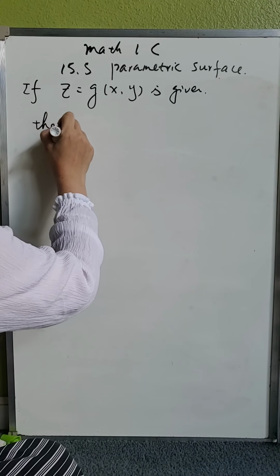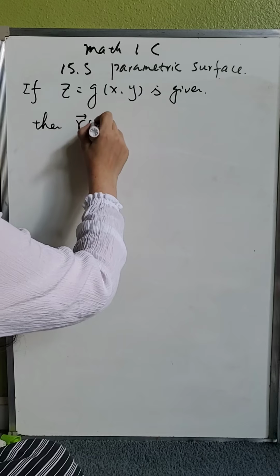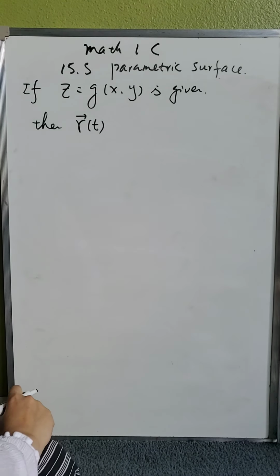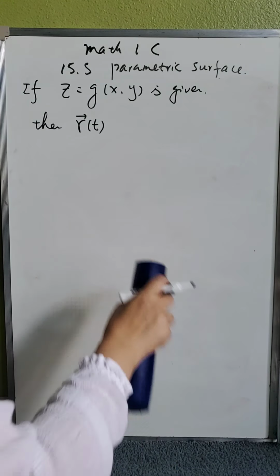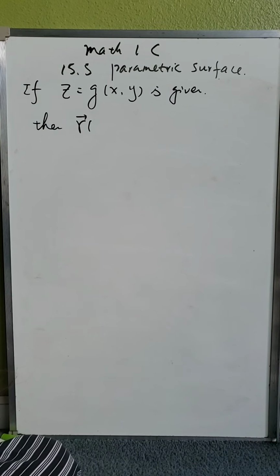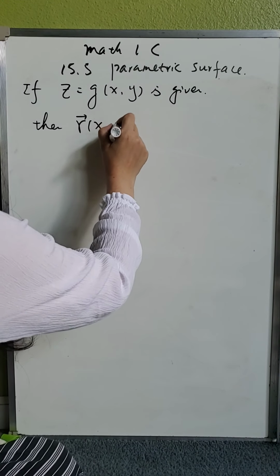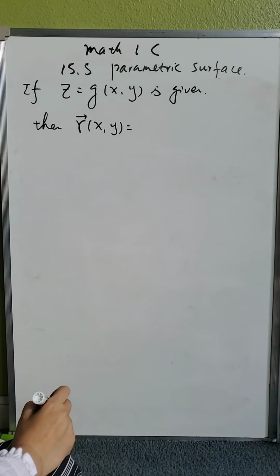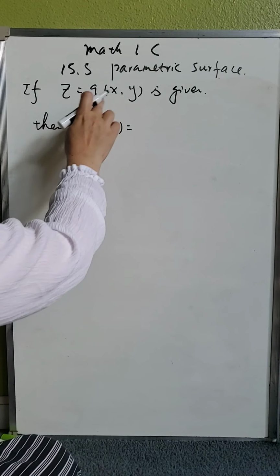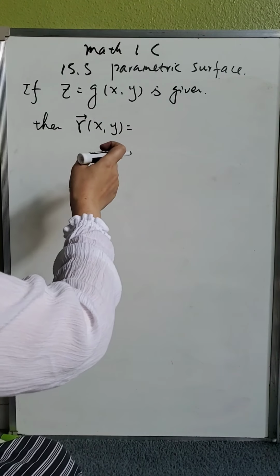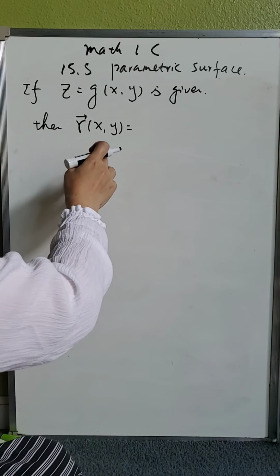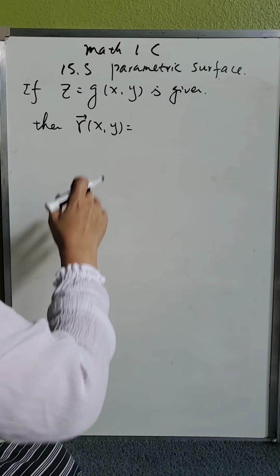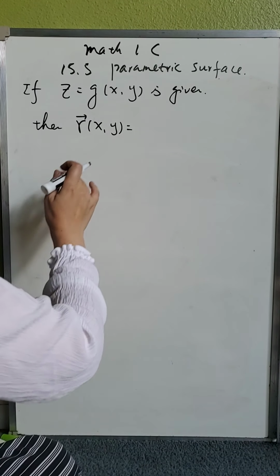Then for your r, you don't need to use the UV plane. If this one is given to you, you just need to find the r(x, y). You don't have to convert to UV. You just use x, y.